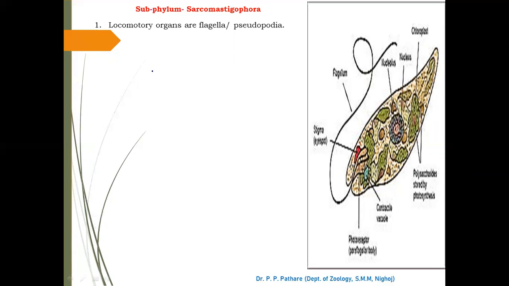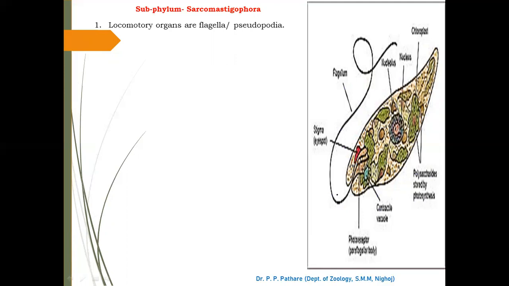The locomotory organs are flagella and pseudopodia. This is very important. If you collect some protozoan animals and observe them, during this observation, you find the locomotory organs of particular protozoans show flagella type or pseudopodia. For example, Euglena.